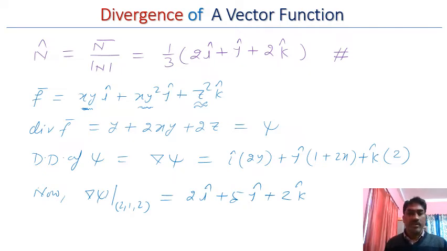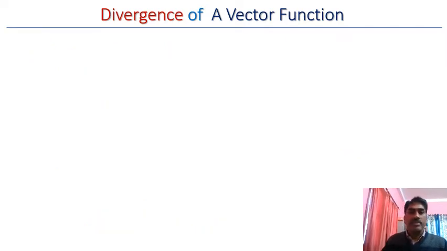So del psi at (2, 1, 2) in the direction of n cap is given by del psi at (2, 1, 2) dot product with n cap, and just take the dot product, you will get it as 13 by 3.